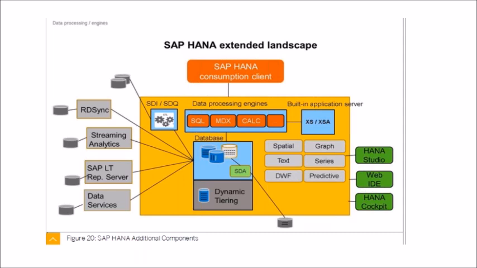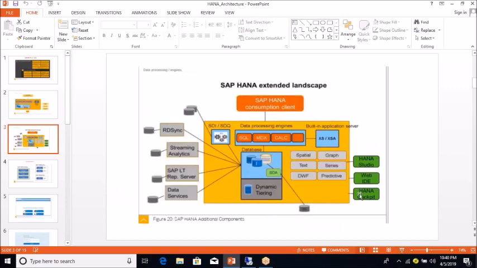On the left side, so many capabilities are given: data services, SLT replication server, live data streaming, remote data synchronization, so much. It purely depends on what requirements you have. Based on that, these components will come into the picture. So now, once the customer has the software available with them.